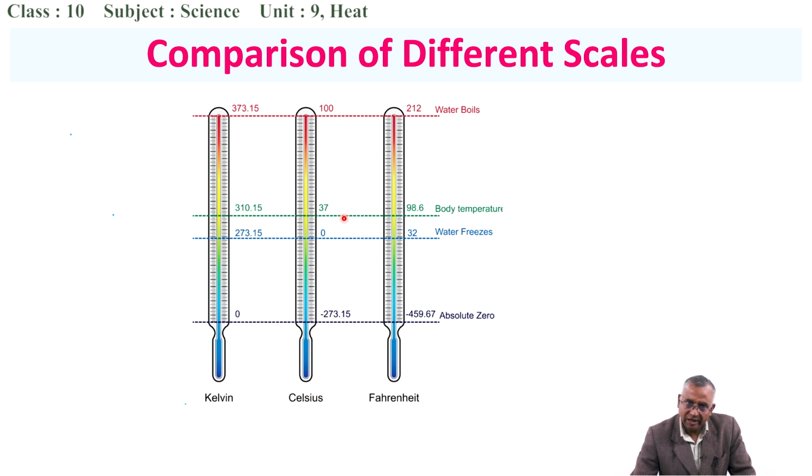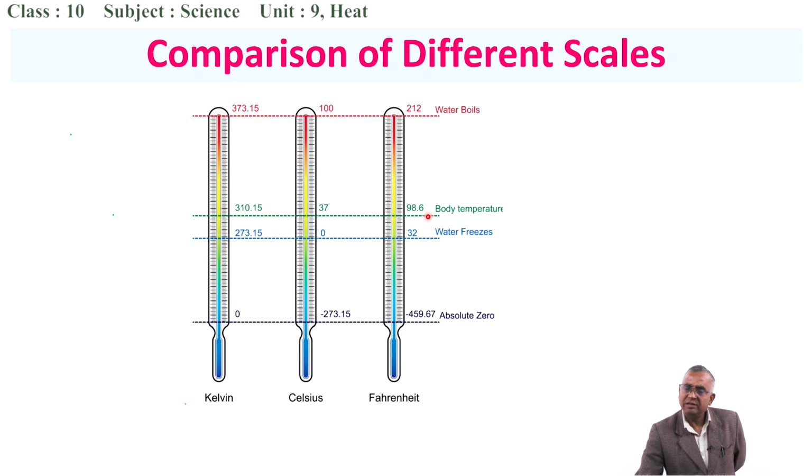In the Celsius scale, 0 degrees Celsius and 100 degrees Celsius, these 2 points are. And in the Fahrenheit scale, 32 degrees Fahrenheit is the lower fixed point and the upper fixed point is how much? 212.